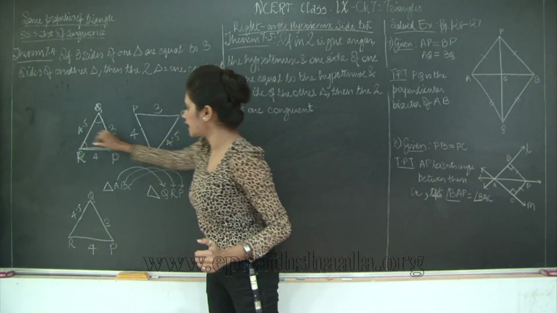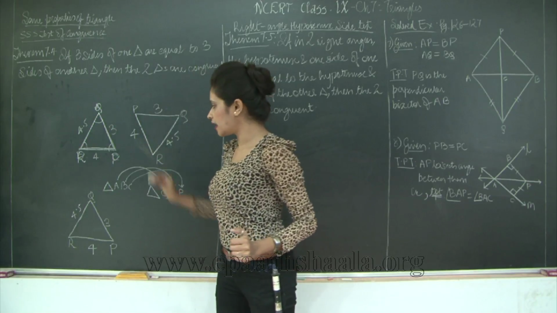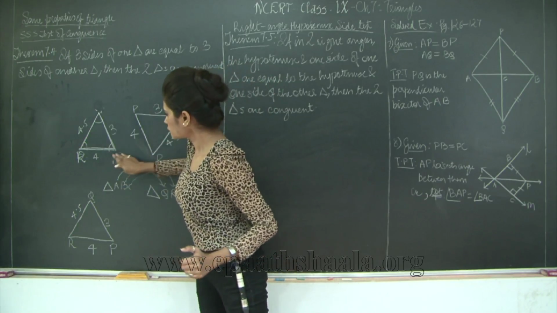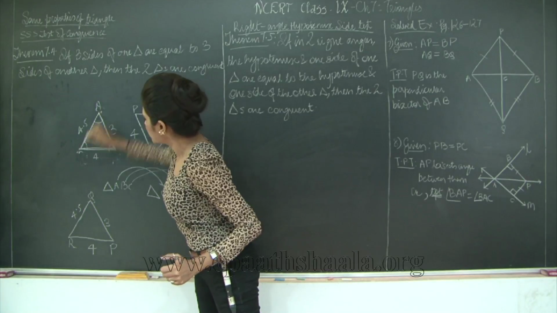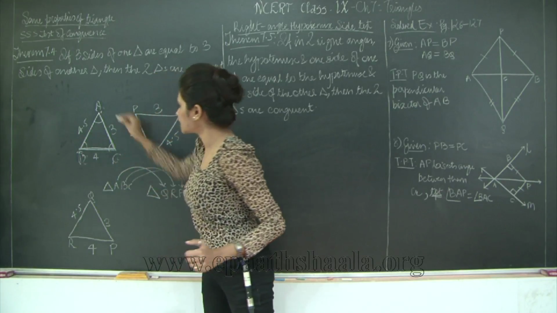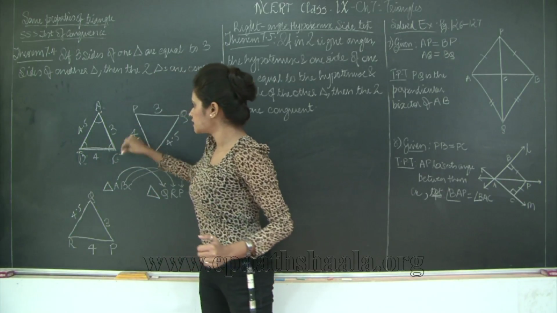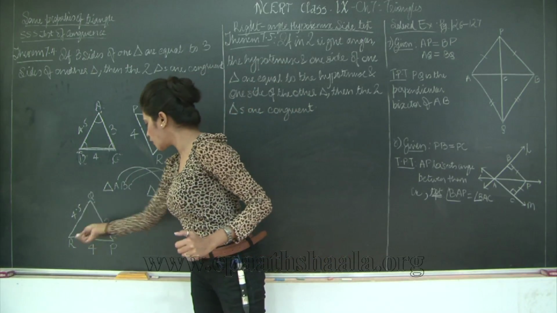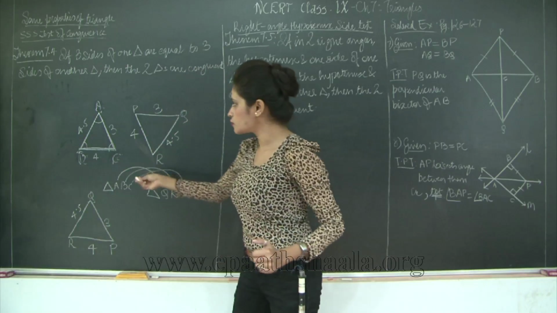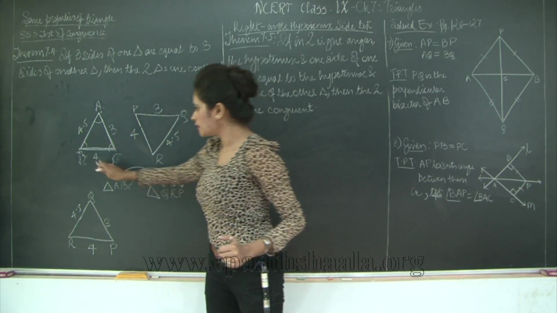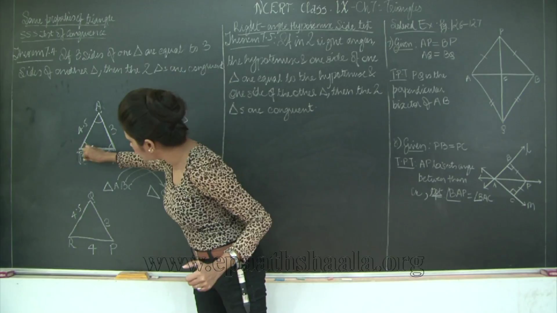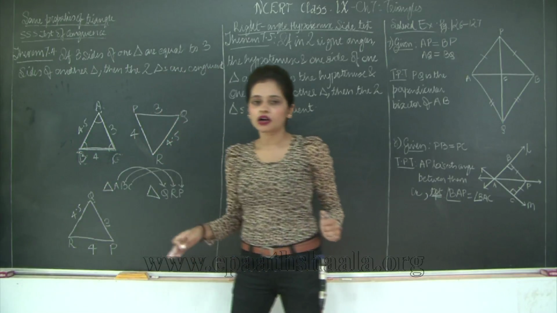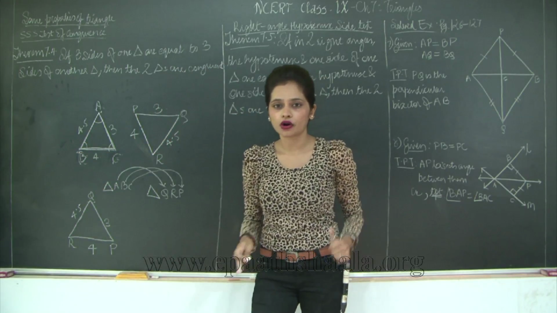So if three sides AB, BC and CA of triangle ABC are congruent to three sides of the other triangle, that is QR, RP and PQ, then the two triangles ABC and QRP are congruent by the side test of congruence.